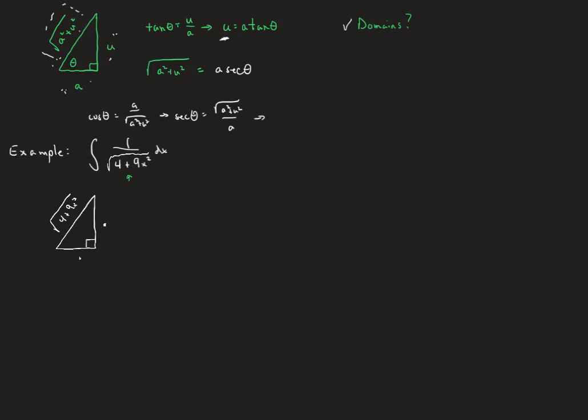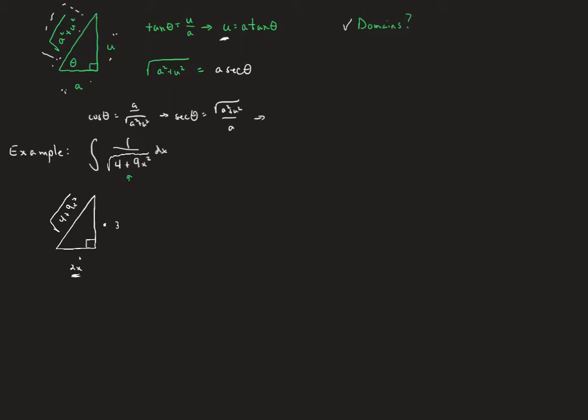Now, the question is, which one do we call 3x and which one do we call 2? Let me see if I can make the wrong choice, and we'll see why it's the wrong choice. Suppose I just say, well, I don't know, so I'm going to try 2x and 3. Then we want to solve and find out what is x.